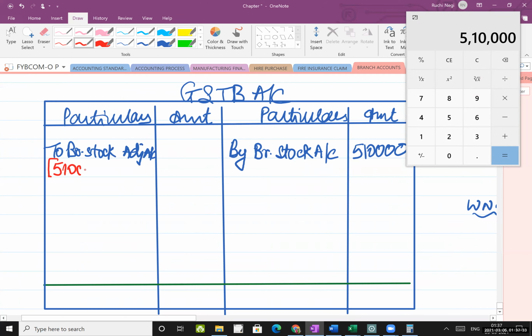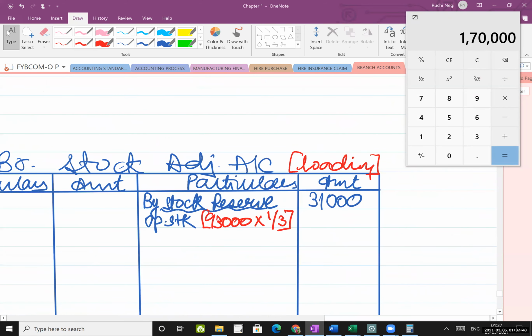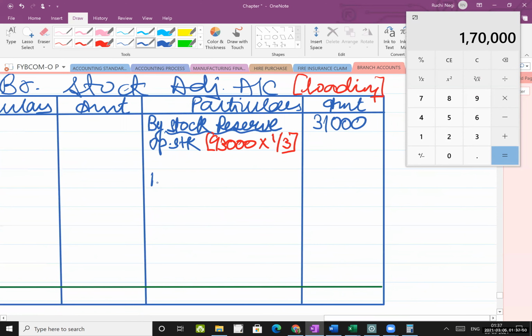One third of 5 lakh 10,000, calculating the loading on the opposite side. So 1 lakh 70,000. Give the second effect, by goods sent to branch account, 1 lakh 70,000.